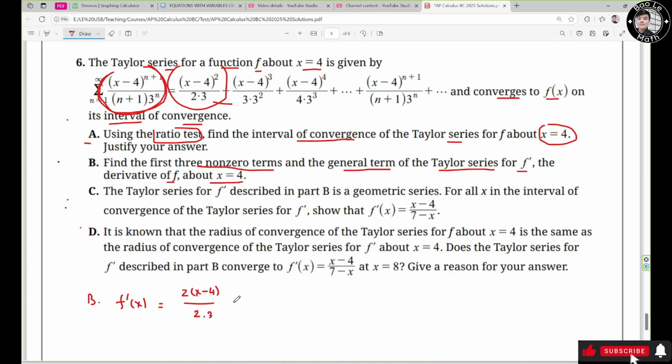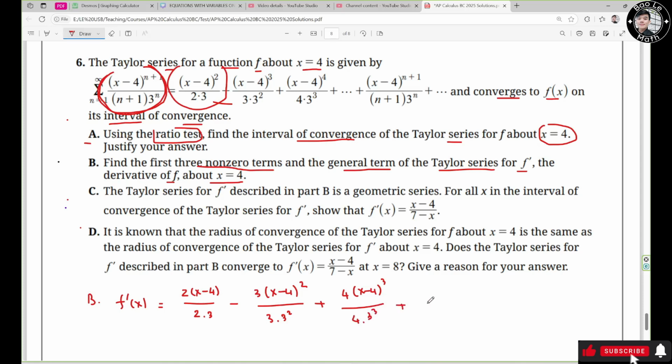Minus, bring 3 to the front, so 3 times (s minus 4) squared, since 3 minus 1 is 2, over 3 times 3 squared, plus 4 times (s minus 4) to the power of 3 over 4 times 3 cubed.